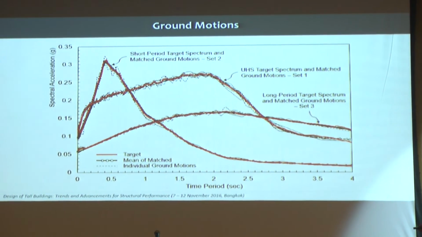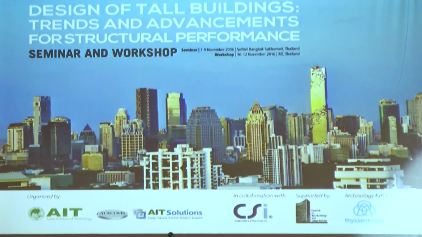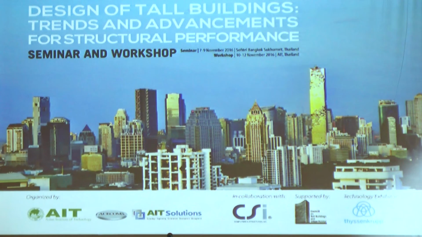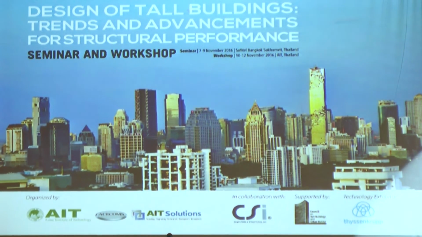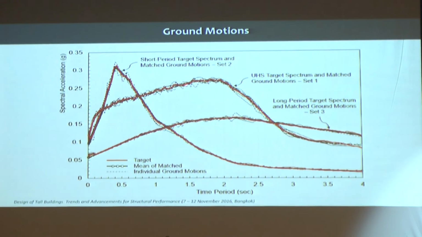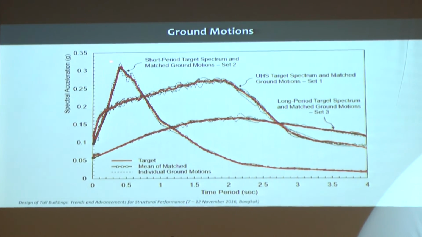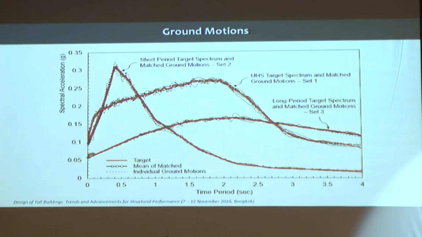So we selected one set matching the uniform hazard spectrum for Bangkok, one set for short period ground motions, the typical ones from shallow crustal earthquakes, and one set for very long period ground motion, which has high spectral acceleration in the long period range, with time periods more than 3 seconds.